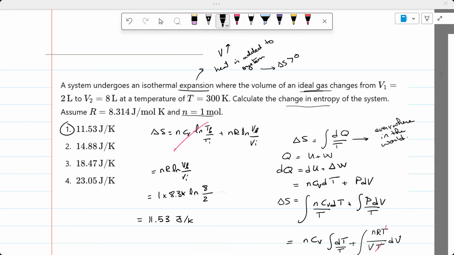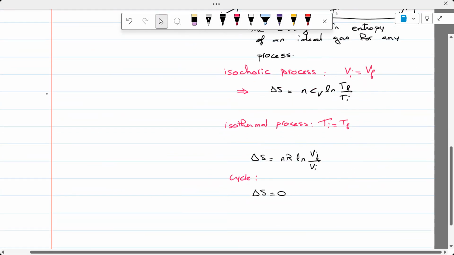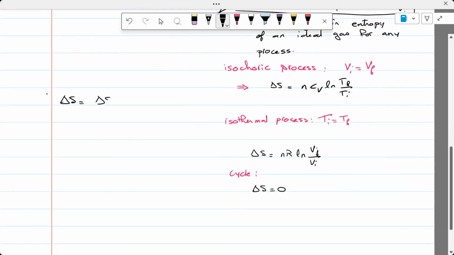Okay. So be careful. I used delta S equals delta SH plus delta S cold. This was delta S of the surrounding. And it was for a reversible process.